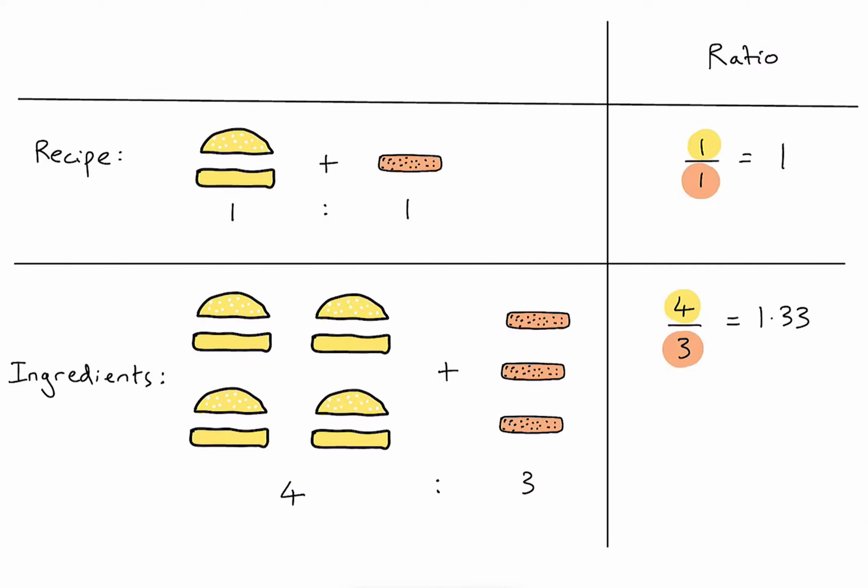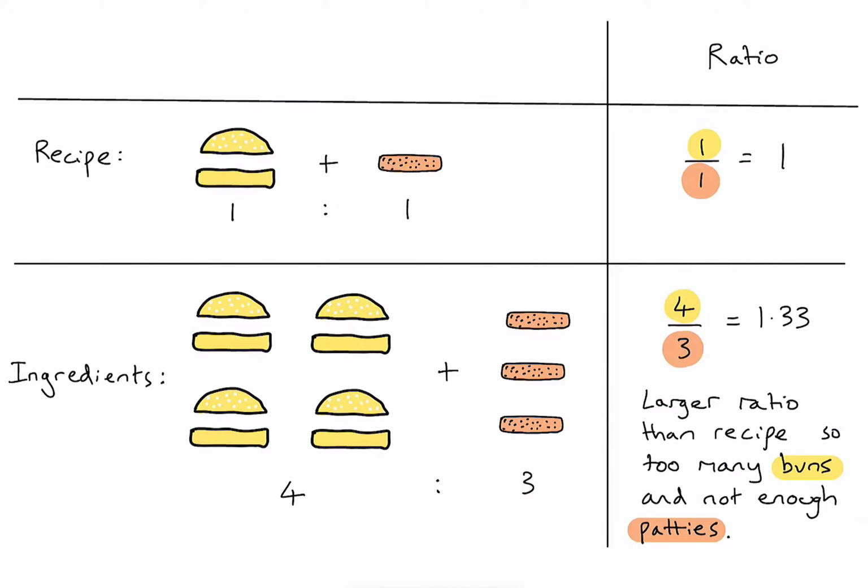So by having a larger ratio than my recipe, it means I've got too many buns, not enough patties. So using scientific terminology, I would say that my buns are in excess and my patties are the limiting ingredient in this case.